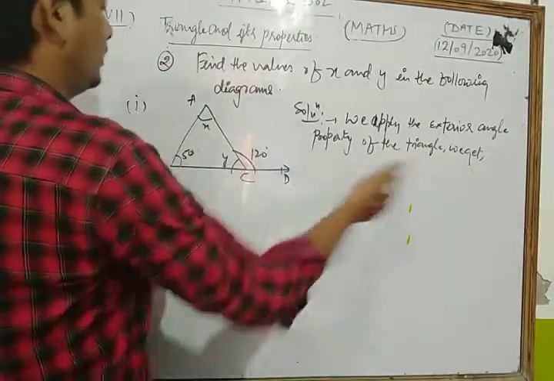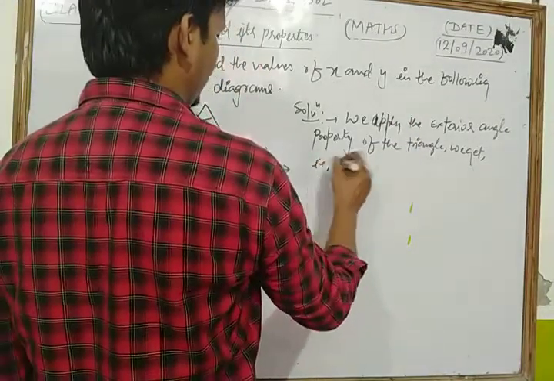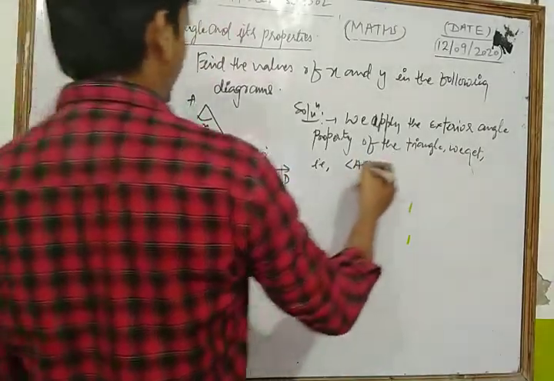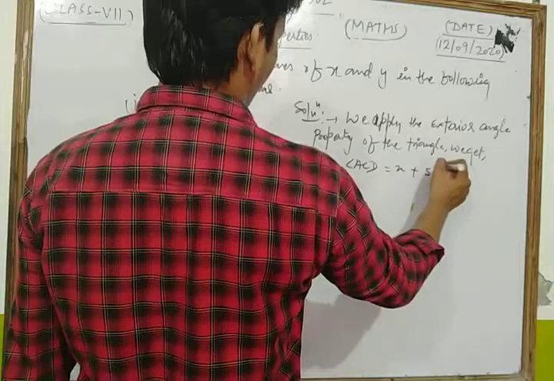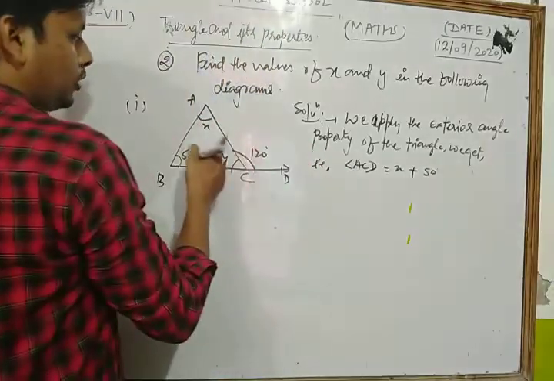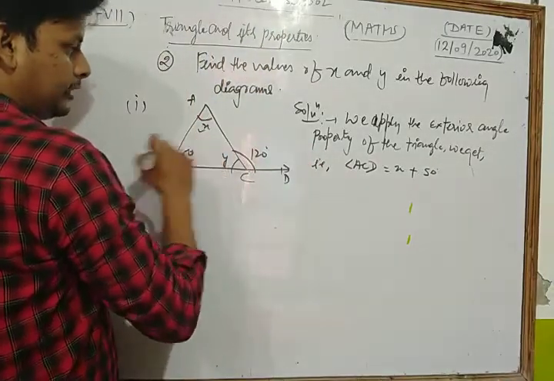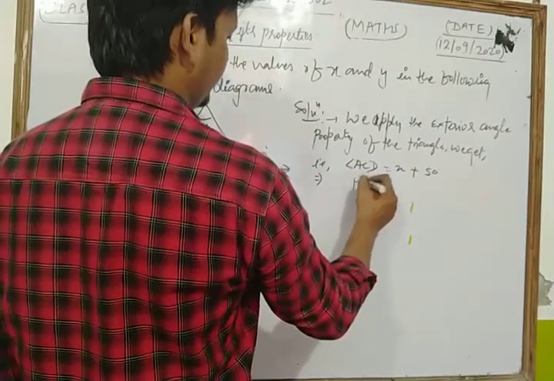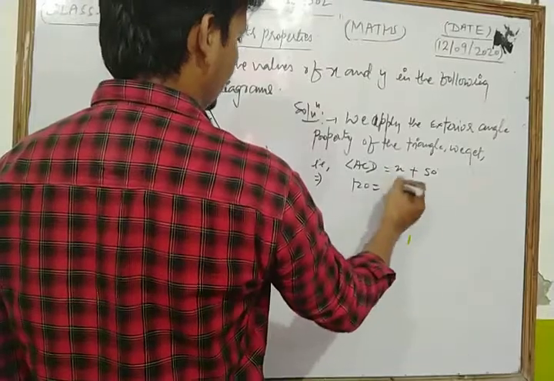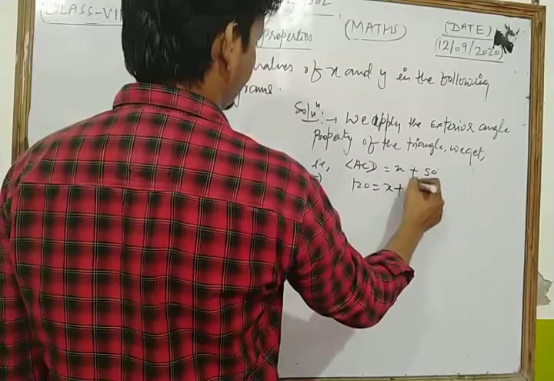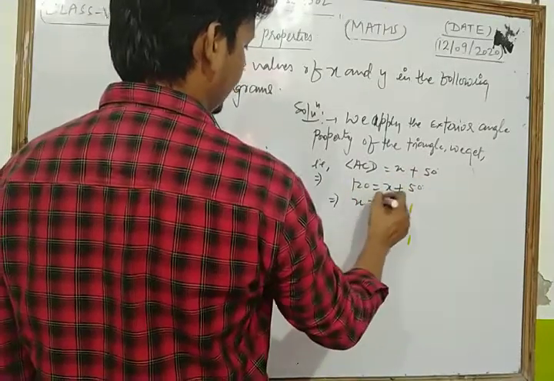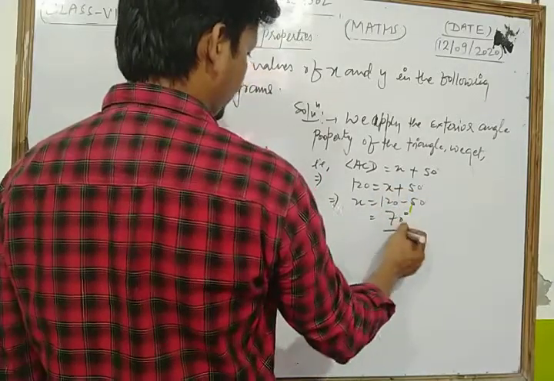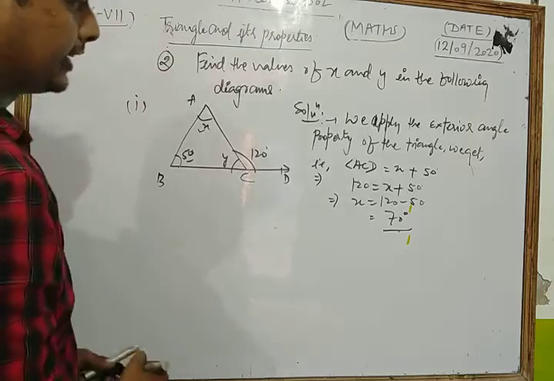So here we have exterior angle ACD is equal to x plus 50, because the two opposite interior angles are angle A and angle B. So we put the value of ACD as 120, and x as it is, plus 50. So we find the value of x as 120 minus 50, that is 70 degrees. In this way we get the value of x as 70 degrees.